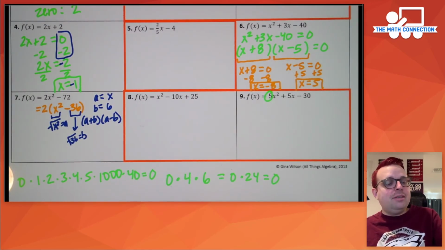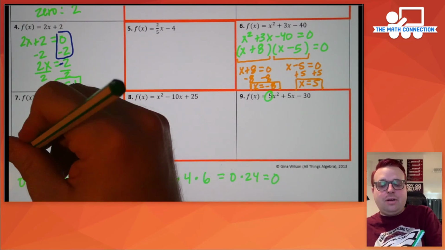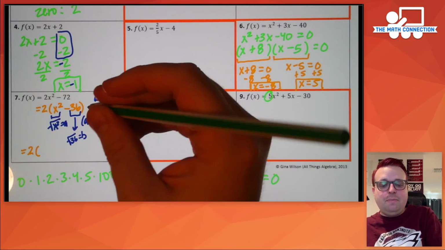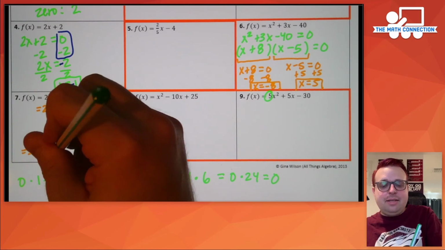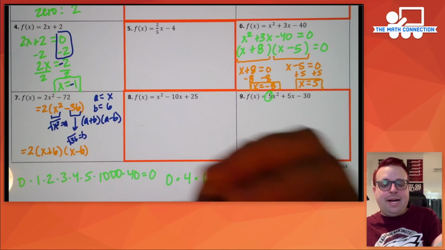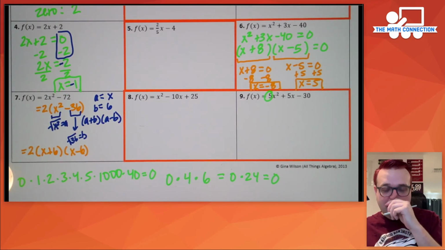And therefore, this entire thing can be factored, okay, as 2 times (x plus 6) times (x minus 6), okay?